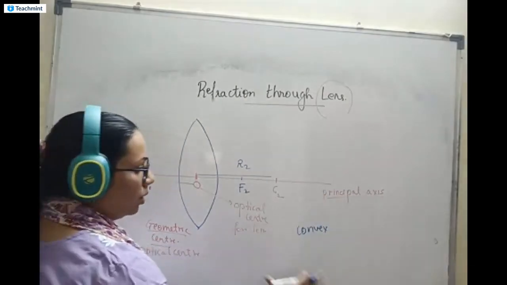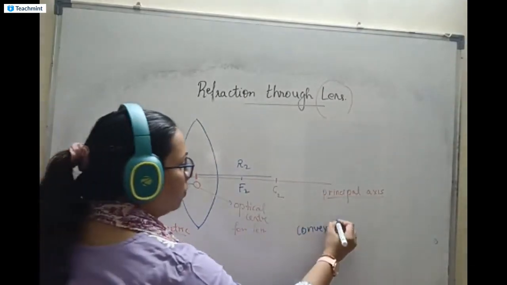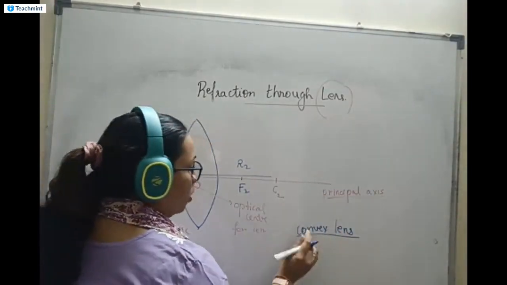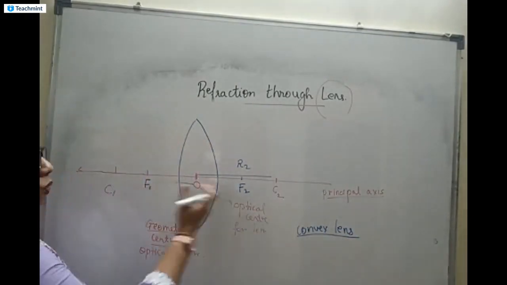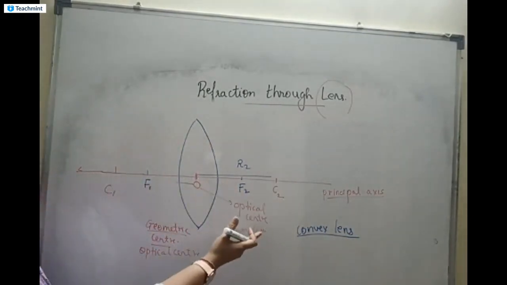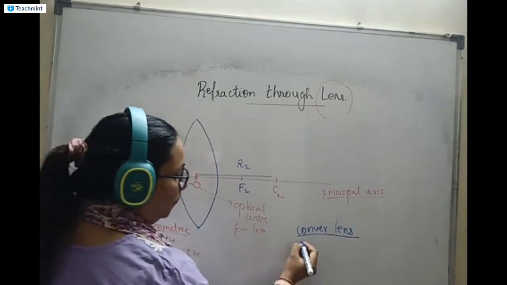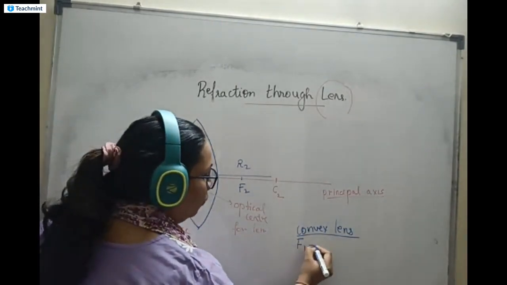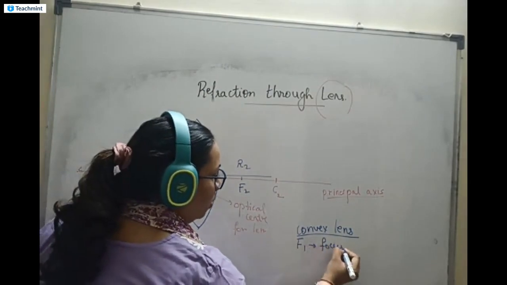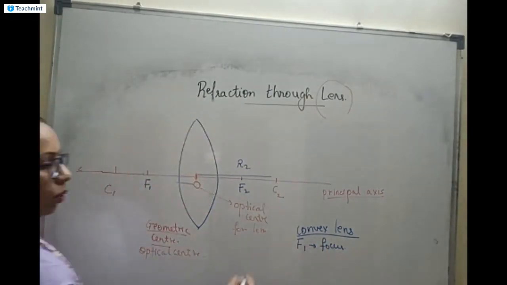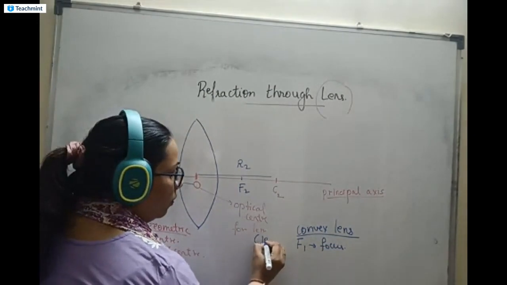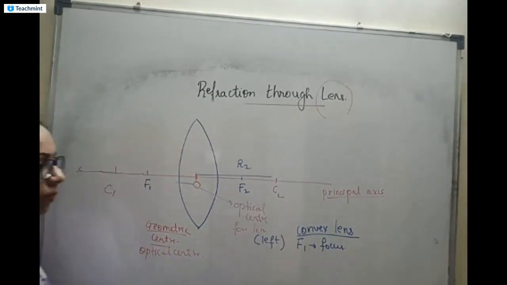Today we'll just focus on the convex lens. Though there are two focuses and two centers of curvature, you will take the one which is on the left side of the lens. That is the focus you will be considering when you're doing your numericals.